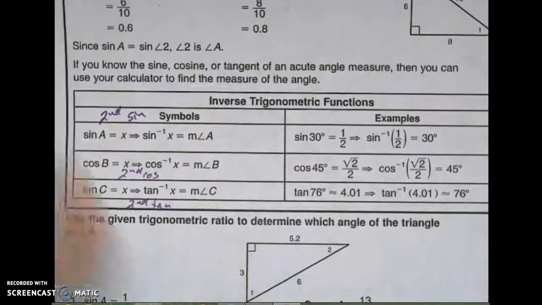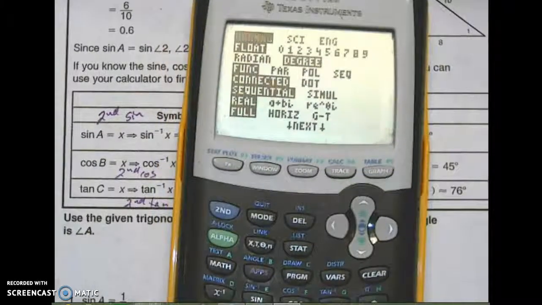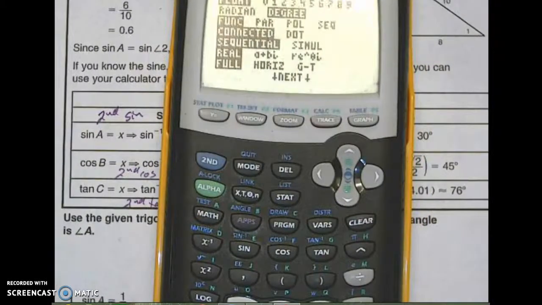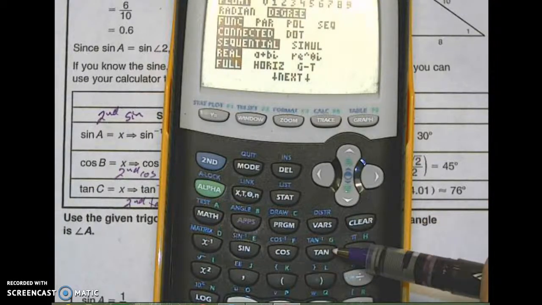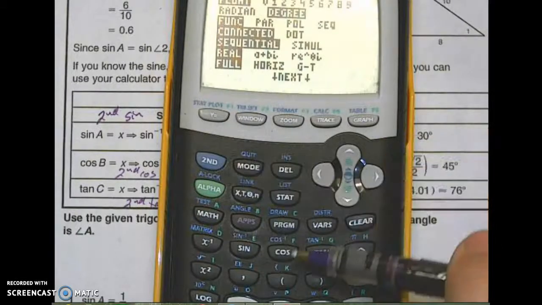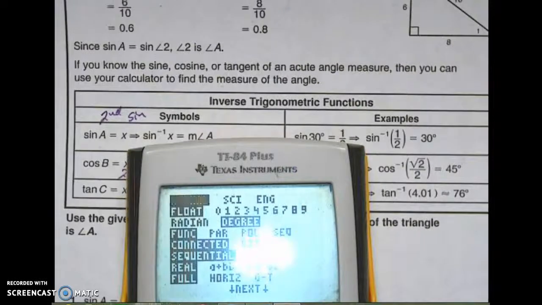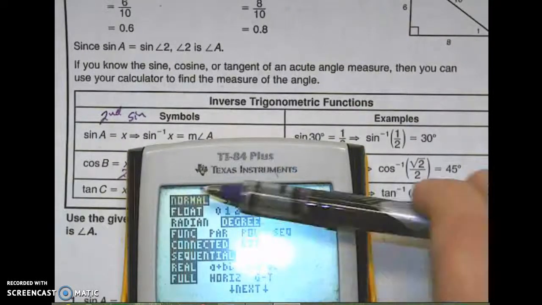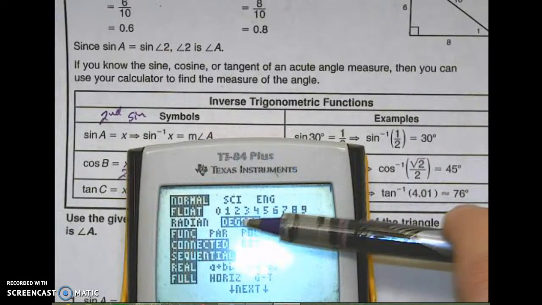On your calculator, you can see those functions listed in blue above your sine, cosine, tangent buttons. Please make sure that the mode of your calculator is in degrees. So you're going to your mode button, going down to radians, over to degrees, and highlighting that.